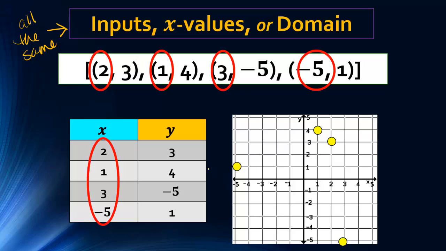If you're looking at a graph, these are your x values. Because notice, here's a point. Anyway, this point right here would be -5, 1. And your domain or x value would be -5, for example.